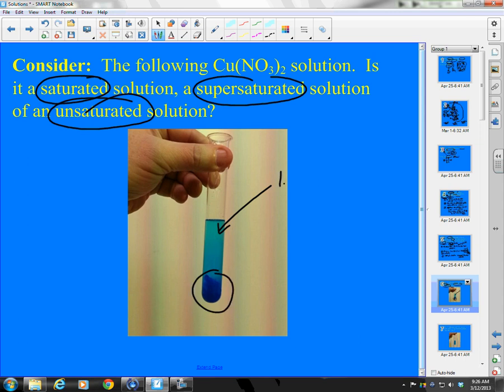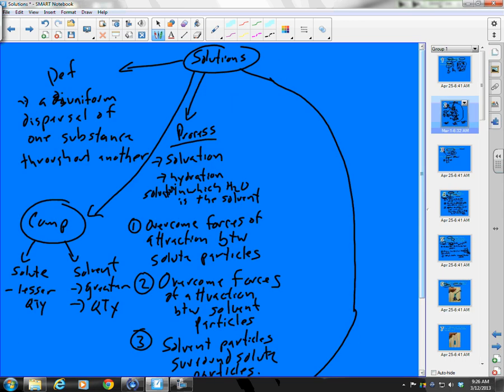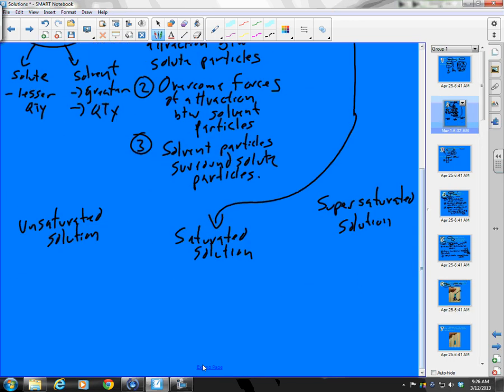So it looks like I have a liquid and a solid, right? Good. Could that be a solution? Well, solution we said is a uniform dispersal. Is that uniform down here? I'm not sure if it is. Maybe we better go back and get some more of these definitions here.